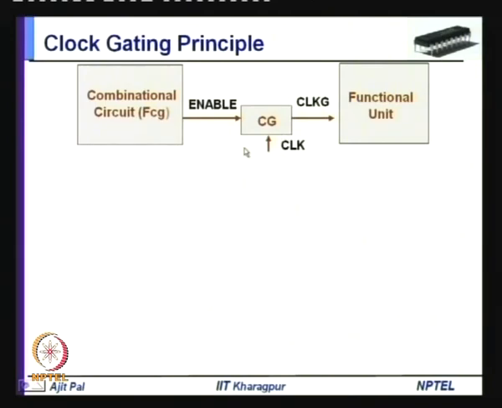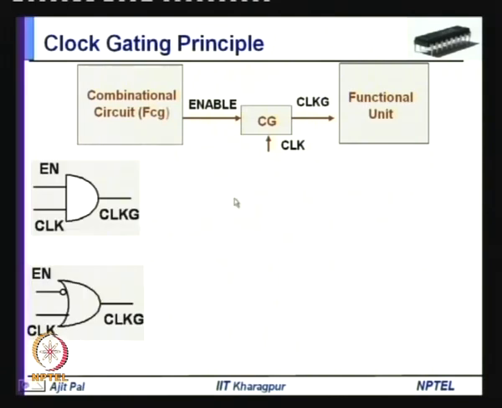So, you have added two additional components. One is the combinational circuit that identifies when a particular functional unit has to remain in active mode, and another is the clock gating circuit, which disables or enables the clock to reach the functional unit. Now, how can it be realized? One simple circuit can be an AND gate.